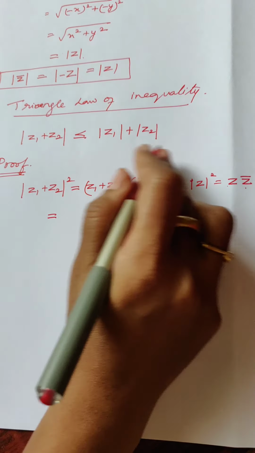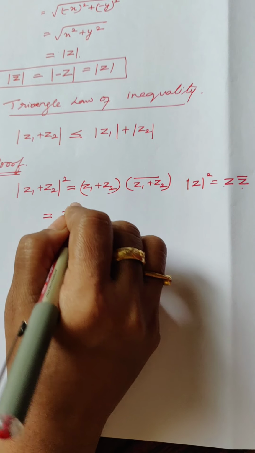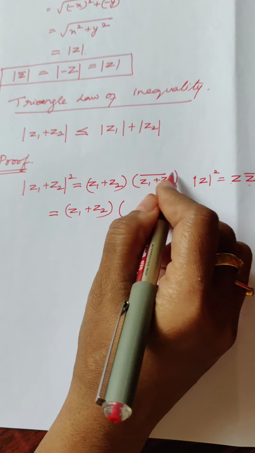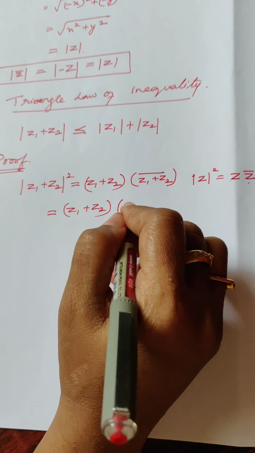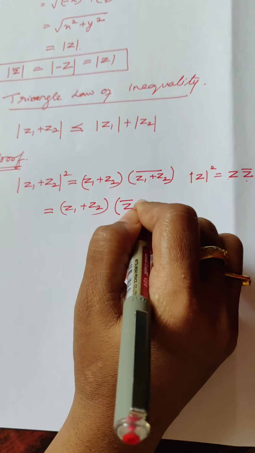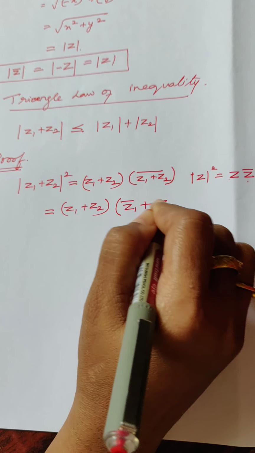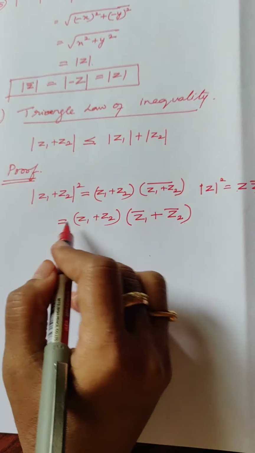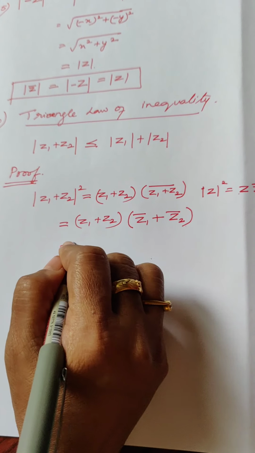Already you know the result in conjugate: the conjugate of a sum of two complex numbers is the conjugate of the first plus the conjugate of the second. Is it clear?